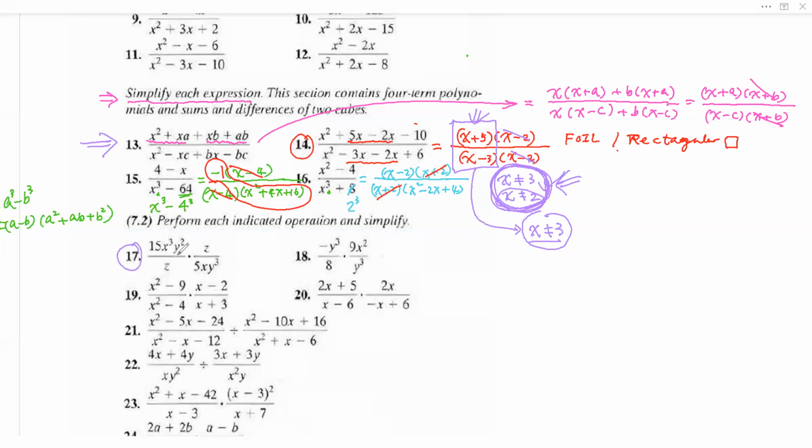This one has only one term in the numerator and denominator, so we can easily factor it. First, most of the time we begin from the coefficient part. 15 over 5 is definitely 3, right? For x, there's only one x in the denominator, so 2 is left. For y, 2 here and 3 here, y to the power 3, so 1 is left here.